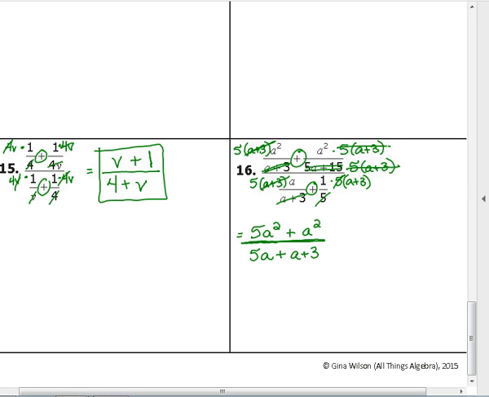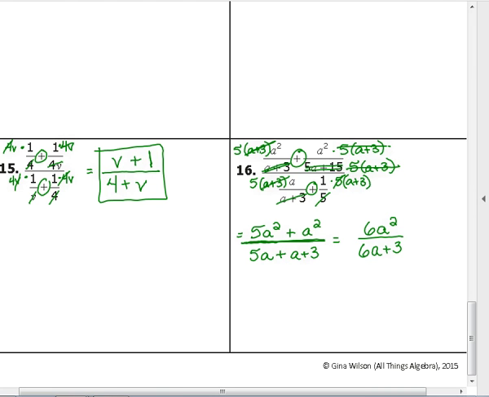Now I've got some like terms I need to combine. 5a squared plus a squared is 6a squared. In the denominator, 5a plus a is 6a. Now, be careful with this.